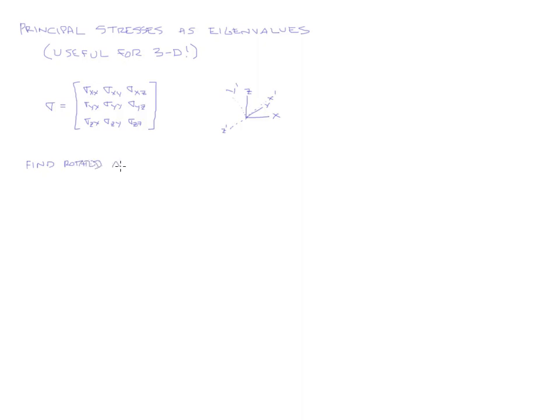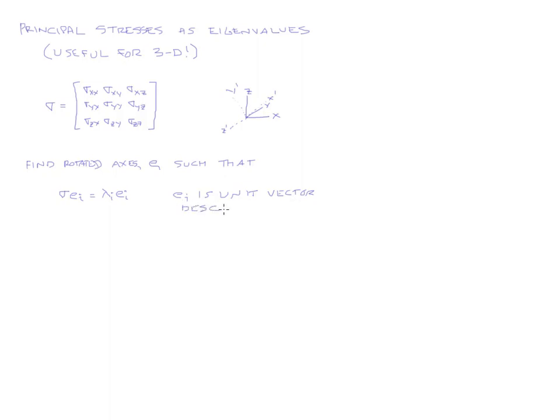All right, so our task now is to find exactly how we have to rotate the XYZ coordinate system. And it's going to be a 3-dimensional rotation now, not just a single rotation in 2 dimensions. But we want to find the rotated axes E such that the stress tensor times a particular stress direction E sub i is equal to lambda sub i times E sub i. Now let me explain what these things are.